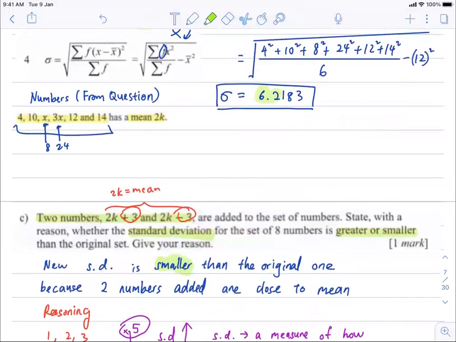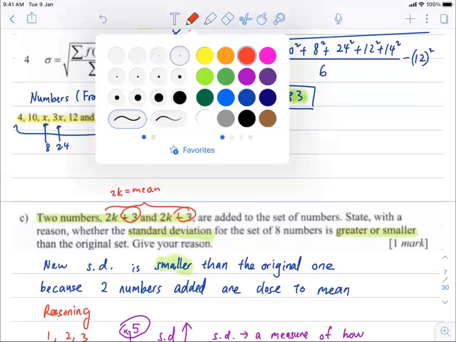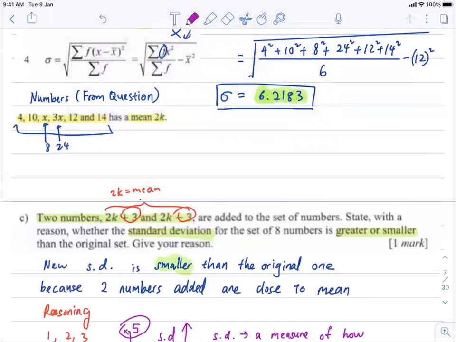Notice the standard deviation of the numbers means on average the numbers are mostly about 6 units away from the mean. But for this part, the two numbers added are only plus 3 and minus 3. So it's considered quite near to the mean. So since the two numbers are very near to our mean, the standard deviation will be smaller.